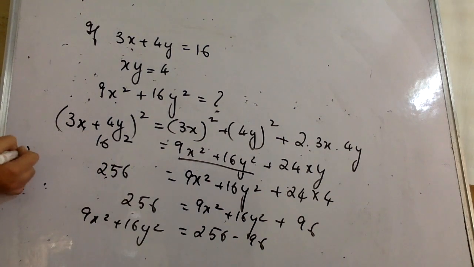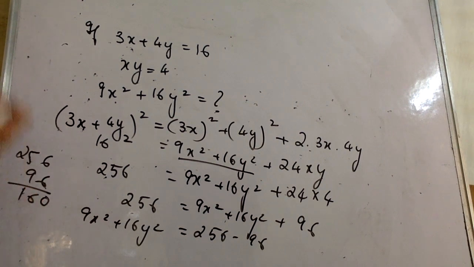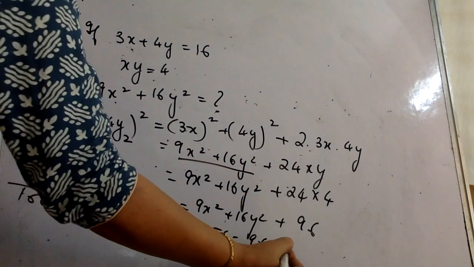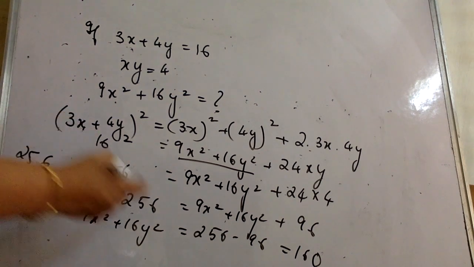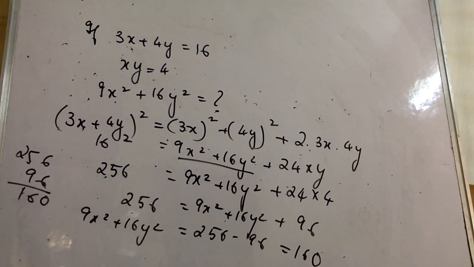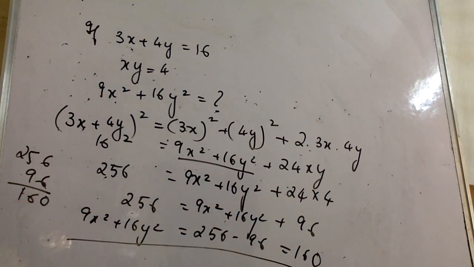How much is 256 minus 96? It's 160. So this is our final answer. We have got the answer to this sum. So 160 is my answer.